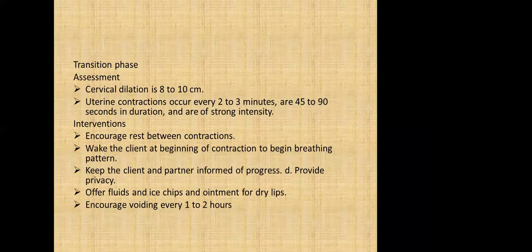Then the contraction will last longer, 45 seconds to 90 seconds. So this is where you expect contraction to last for 90 seconds. Again, if contractions are lasting for 100 seconds or 120 seconds in the transition phase, it is also not normal.